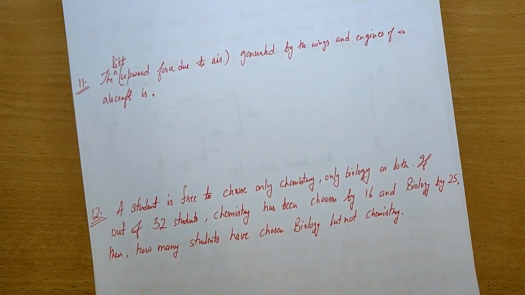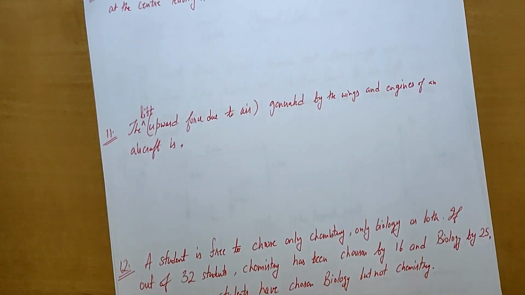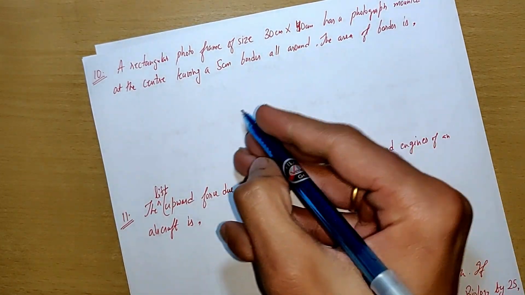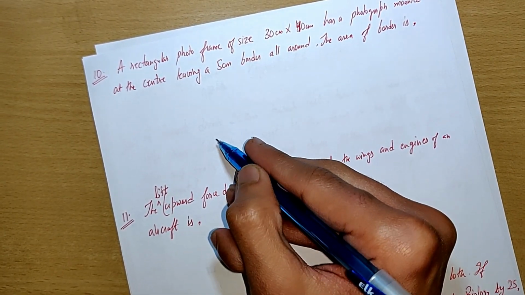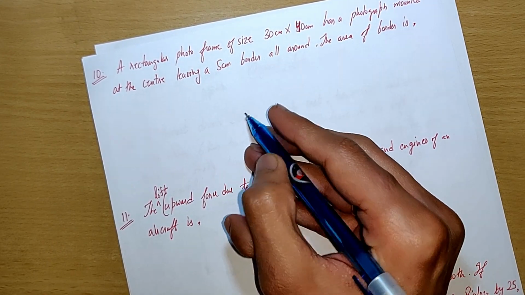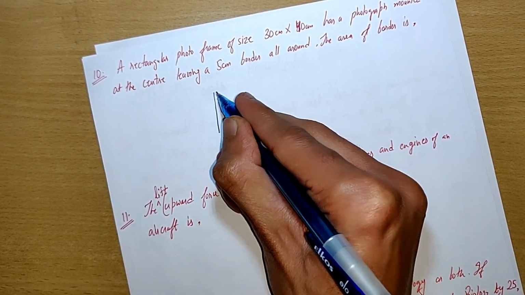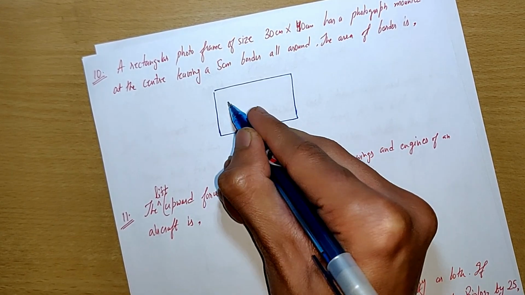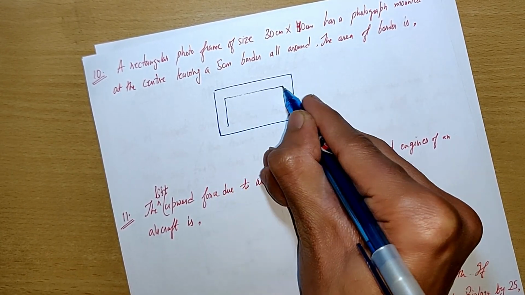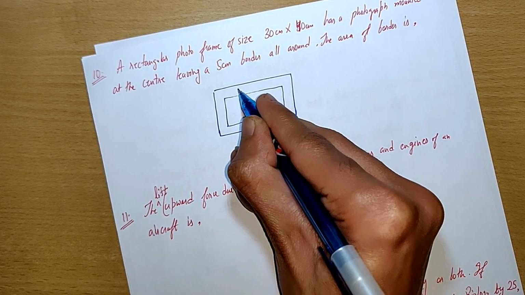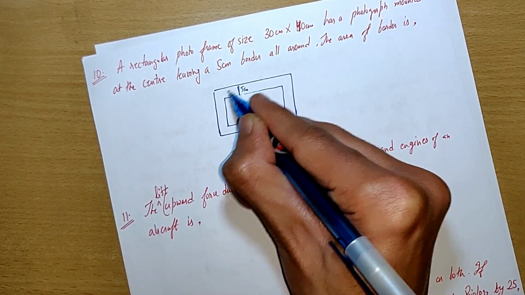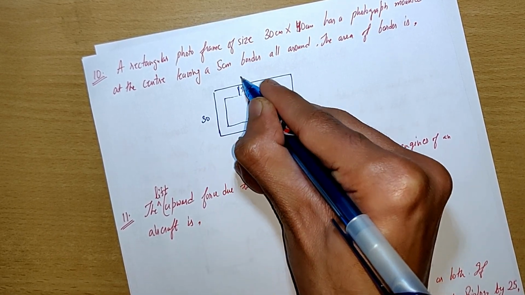Next question. A rectangular photo frame of size 30 cm by 40 cm has a photograph mounted at the center, leaving a 5 cm border. So we can draw the diagram. This is how the diagram would look. This is the photo frame, so the border is 5 cm, and this is 30 by 40.